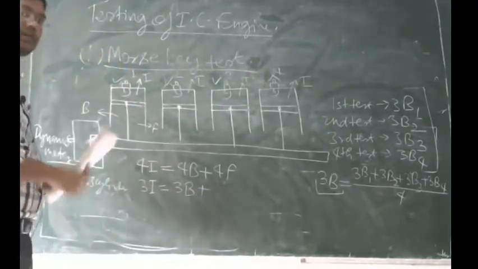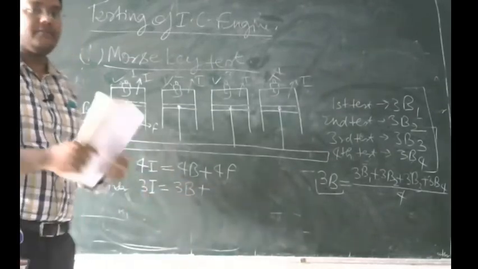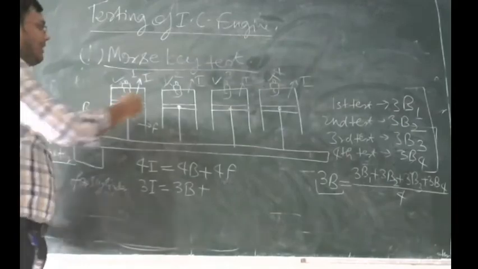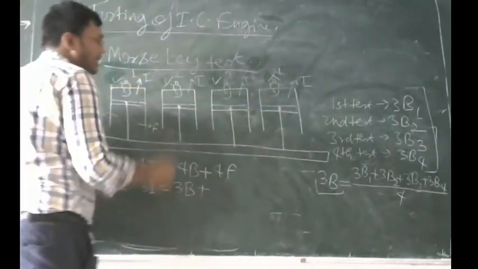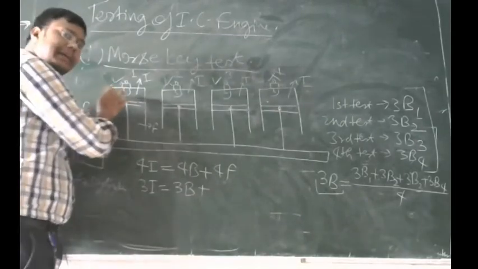Now here we will not write 3F. Okay, because when we stop the sparking of one cylinder and the other three cylinders are working, we are getting power from the other cylinders. But in the stopped cylinder we have just stopped the sparking, we are not getting power there.